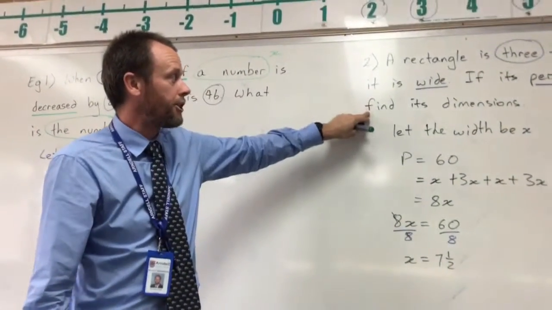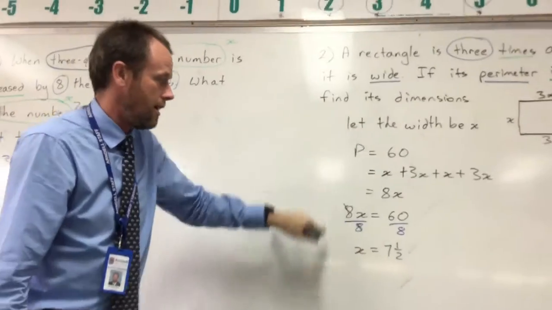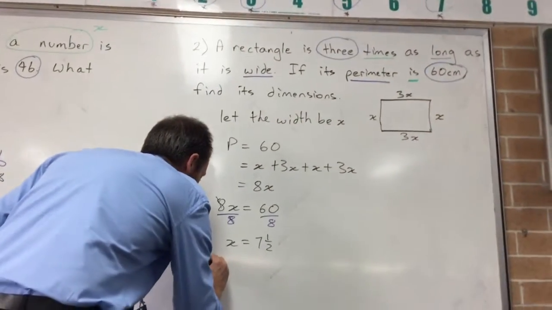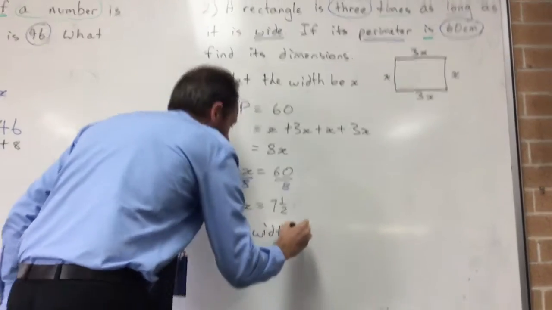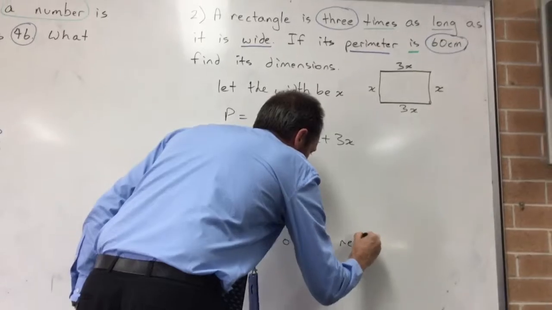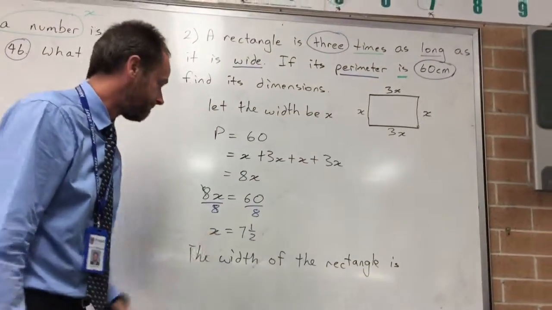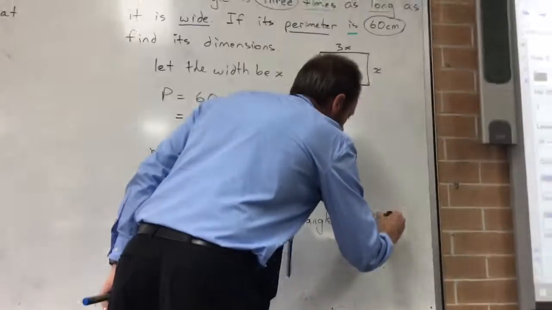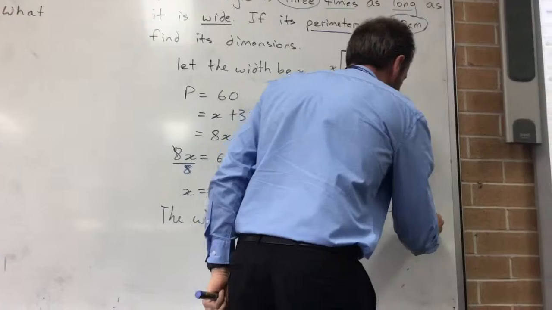But I must go back to the question, find its dimensions. So, therefore, the width of the rectangle is 7.5. And what was I dealing with? Centimetres, so it's centimetres.